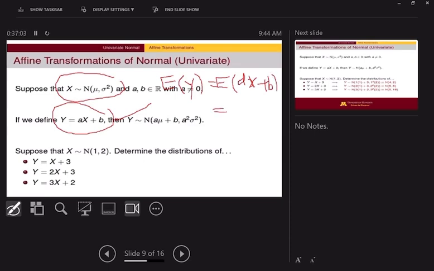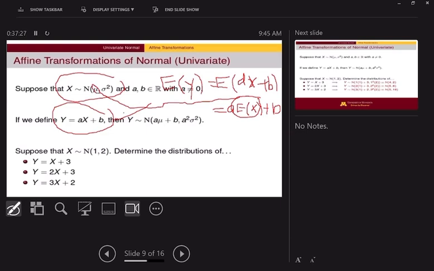Now here is going to be A times the expected value of X, plus the expectation of a constant, because here A and B are constants. The expectation of a constant is going to be a constant, so I'm going to have that plus B. And right now, what is the expected value of X? The expected value of X is the mean.